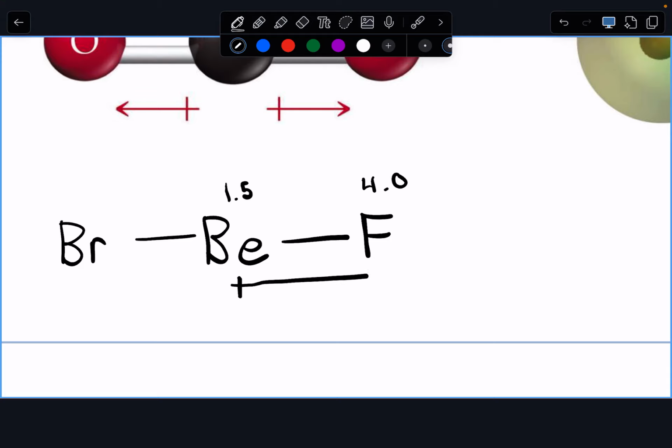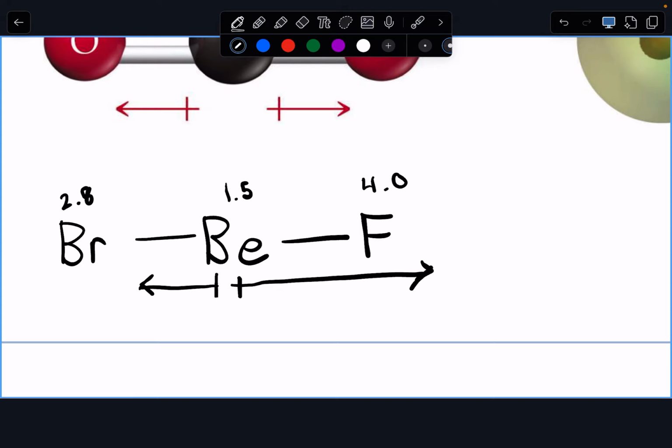So this is a very large dipole moment pointing towards the fluorine. Big difference in charge. Bromine, yeah, I think that's right, it's about 2.8. Remember, you have a table of these. You don't have to keep them in your head. So there's still a difference in charge, but it's significantly smaller.